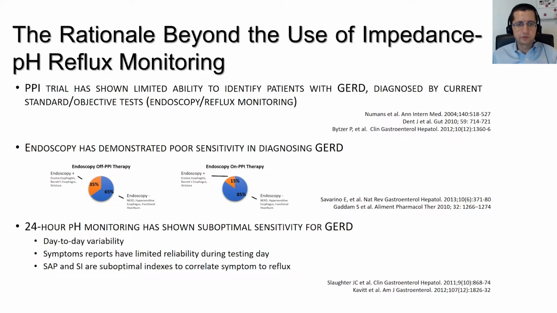Endoscopy has demonstrated poor sensitivity in diagnosing GERD since the majority of the patients have no lesion at upper endoscopy, particularly if they are tested after or during PPI trial. Also, 24-hour pH monitoring only has shown suboptimal sensitivity for GERD because of the day-to-day variability, because symptom reports have limited reliability during the testing day, and symptom association probability and symptom index are suboptimal indexes to correlate symptoms to reflux episodes, to reflux events.